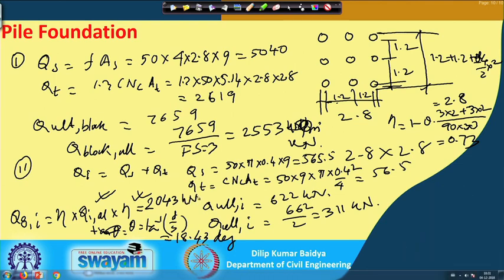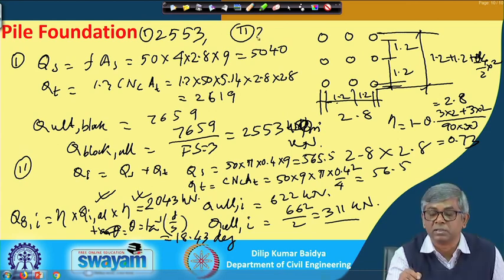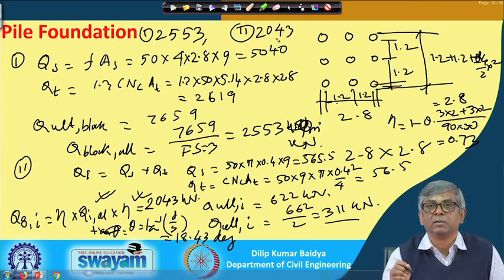Okay. So, this is the second part of the problem. From the first I am getting the value equal to 2553, and from the second I am getting the value equal to 2043. Okay.